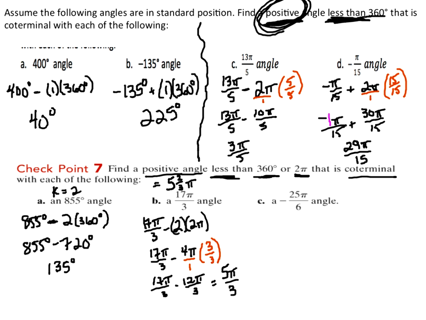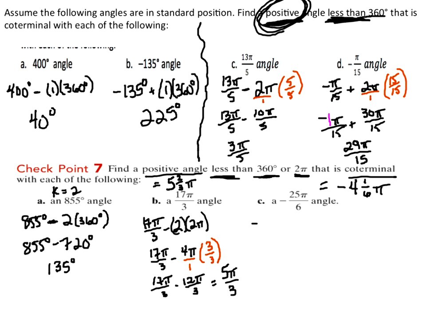All right, so this last one, negative 25/6 pi, is equivalent to negative 4 1/6 pi. Once again, 4 pi is 2 full revolutions, but if I add that back on, it won't get us back into the positive because I'm at negative 4 1/6.